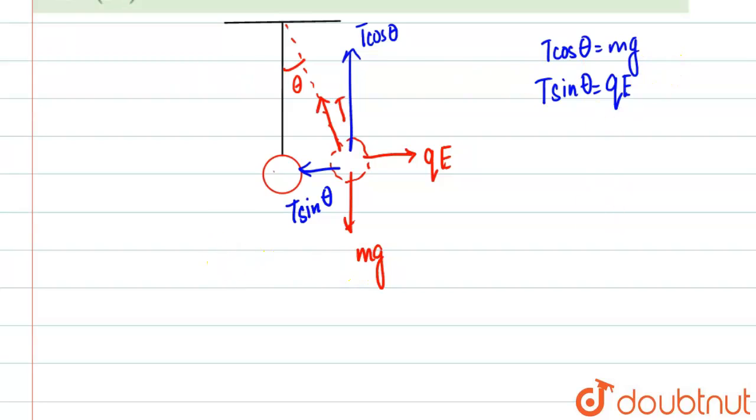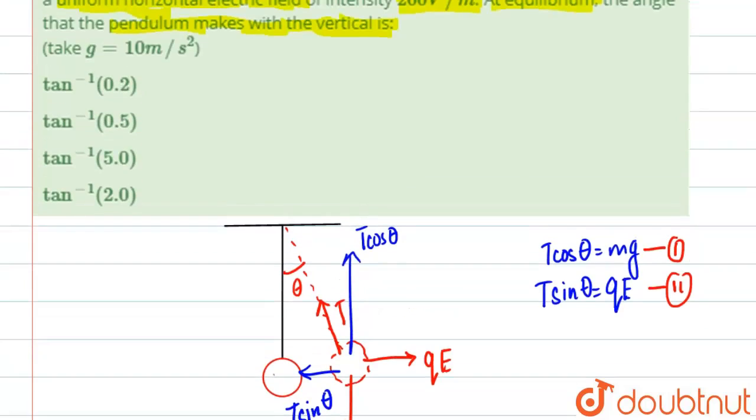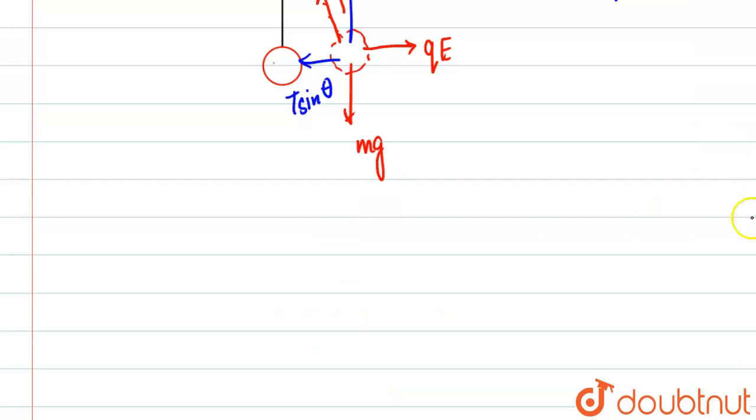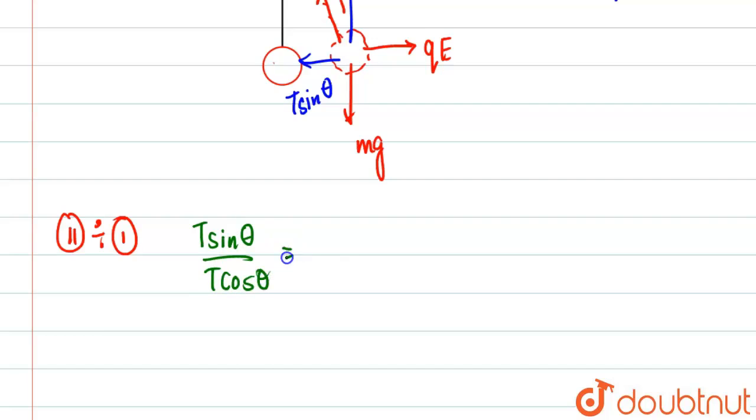So we can divide these two equations, 1 and 2. Since the answer is given in tan theta, we will divide 2 by 1 so that we can get sin by cos, that is tan. So T sin theta by T cos theta will be equal to q into E divided by m into g. T and T get cancelled and we are left with tan theta.